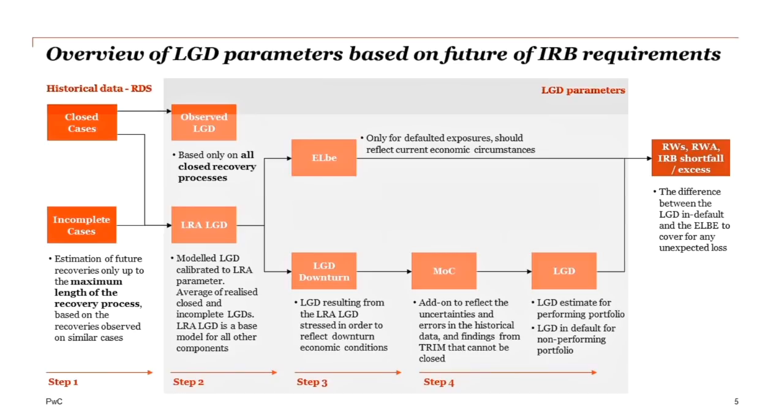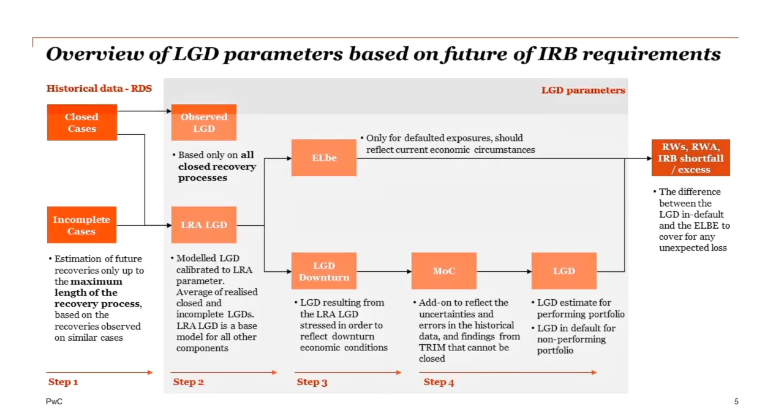We basically differentiate between the closed cases and incomplete cases. It's always the situation with the observed loss on credit exposures. For the closed cases, the observed LGD needs to be recorded, which is the requirement as of the last EBA paper.